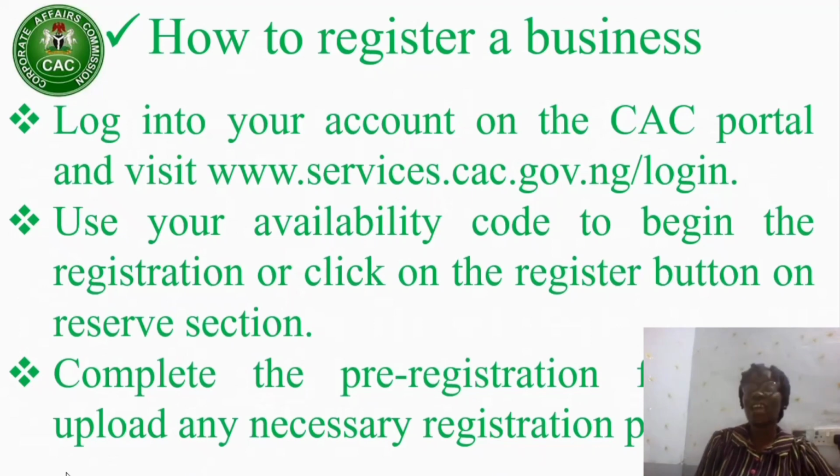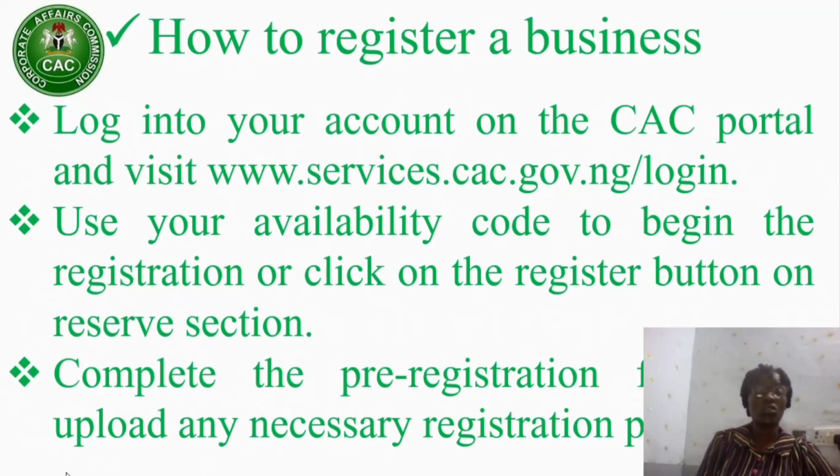The reserve section has an active register option for you the moment your name has been approved. There will be a button that says start registration, so you can click on it and begin from there, or you just log into the portal and start normally. Then they will ask for your availability code, you just enter it and the form will be opened for you.